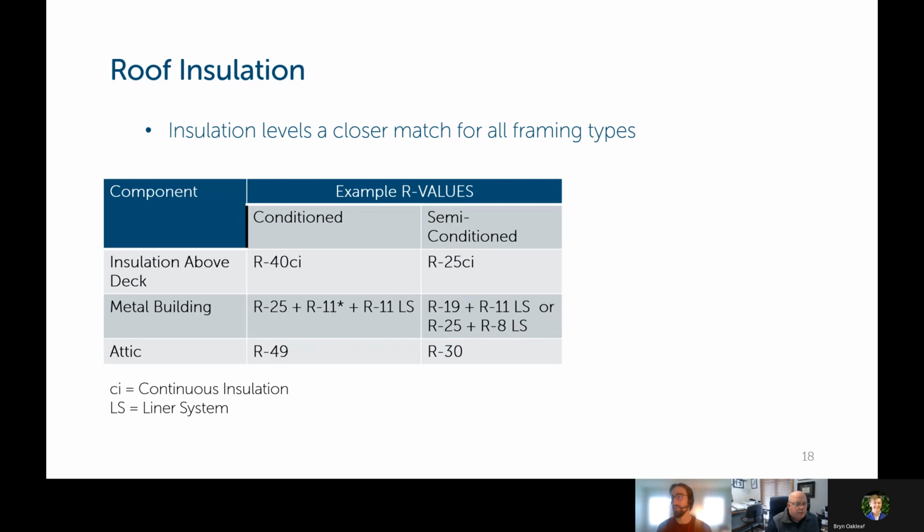All buildings that are heated or cooled for typical occupant comfort will still be in the conditioned space. And the insulation values are a bit closer for all different roof types compared to the old code.